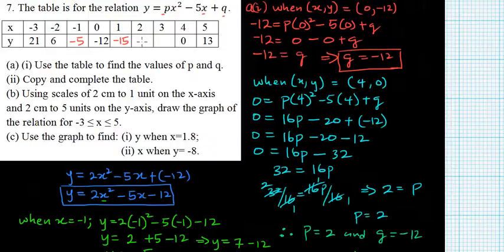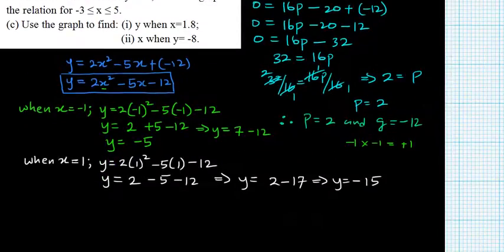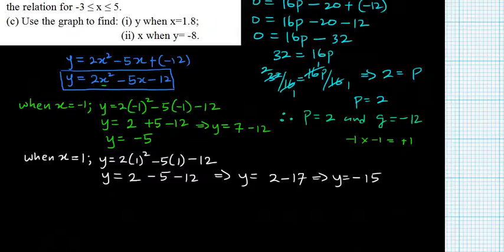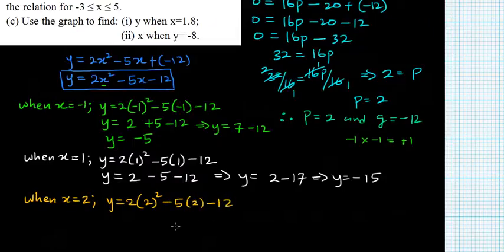So let's find the value of y when x is 2. When x is equal to 2, we'll just substitute x for 2 here. We'll have y is equal to 2 times 2 squared, minus 5 times 2, minus 12. So this will be y is equal to 2 squared is 2 times 2, which is 4.